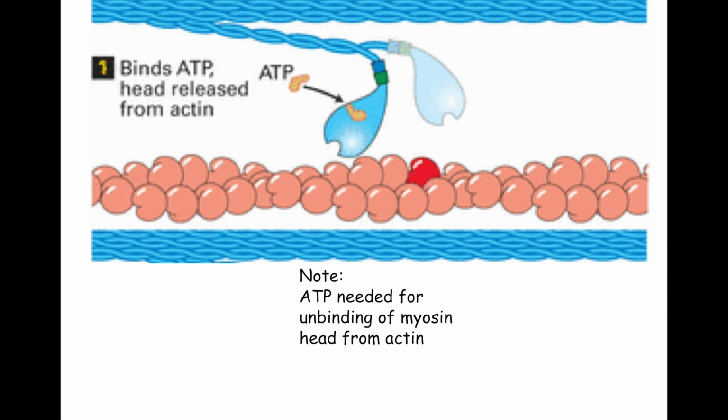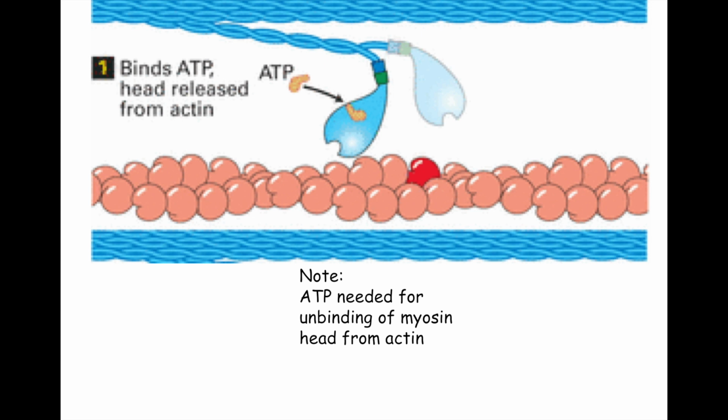And in step one, ATP is going to bind to the myosin, and ATP is needed to unbind myosin's head from actin. So if there's no ATP around, at the end of the cycle, you'll see soon, myosin ends up bound to actin, and your muscles are very stiff.